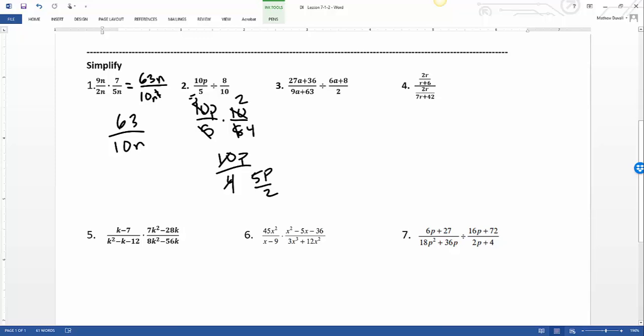Now, for number 4, the way that you want to look at this one is it's as if it's 2r over r plus 6 divided by 2r over 7r plus 42. So the first thing you would do is you would flip it, turn it into multiplication.